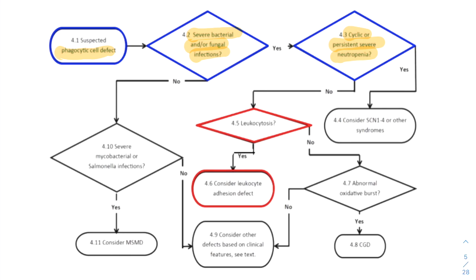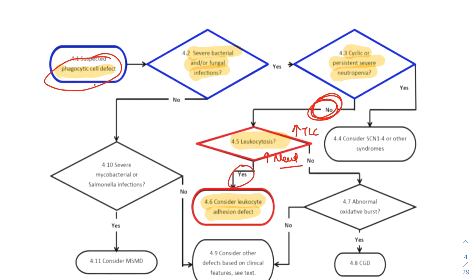But if there is no neutropenia, and there is presence of a leukocytosis, that is increase in the TLC count or increase in the neutrophil count, then we can consider a leukocyte adhesion defect. So this was a brief introduction to the leukocyte adhesion defect.